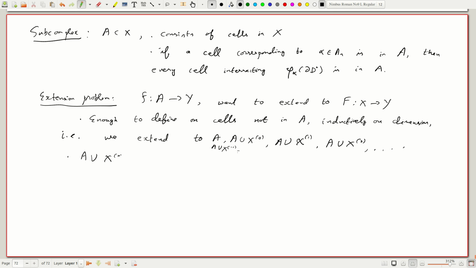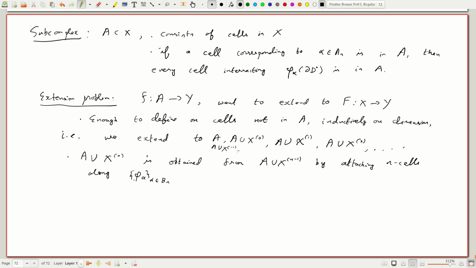So A union Xn is obtained from A union Xn minus 1 by gluing or attaching n cells along some phi alpha, alpha in some index set, let's call it Bn.